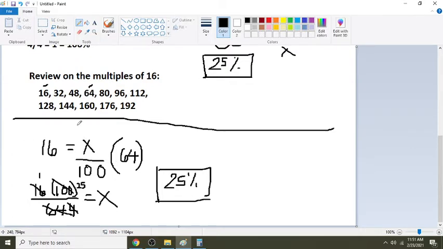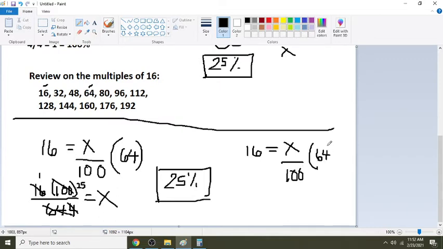Now, how did this happen? Basically, you're simply multiplying the equation by the reciprocal of 64 over 100 to remove it from this side of the equation and put it on the other side. Let me show you: 16 is equal to x over 100 times 64.